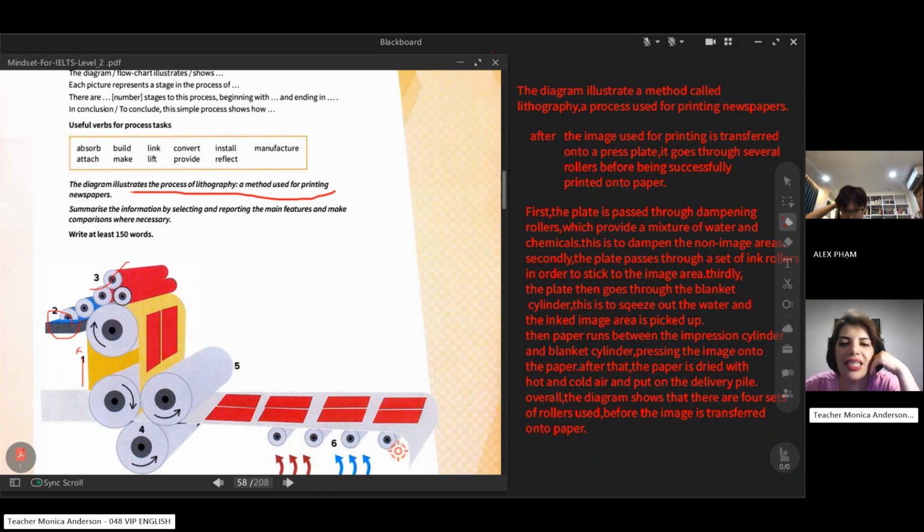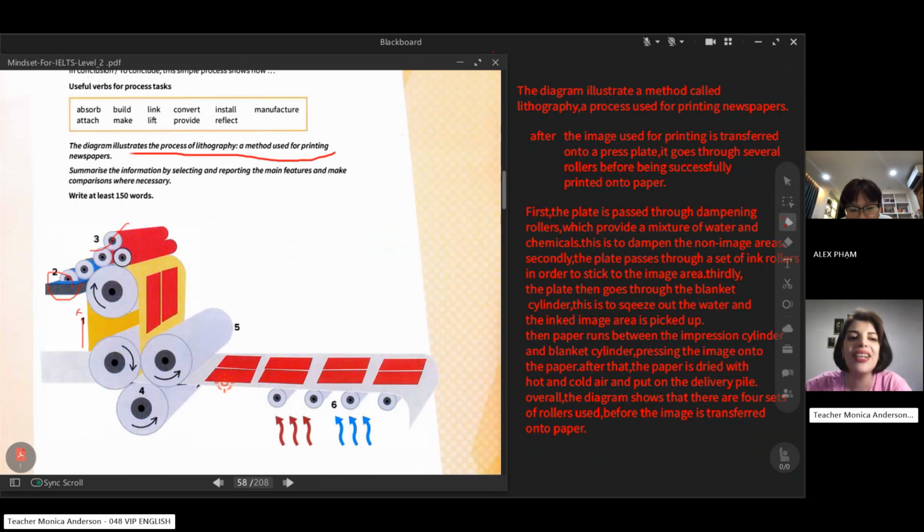Look, delivery pile. So overall, this diagram shows that there are 4 sets of rollers used before the image is transferred onto paper.